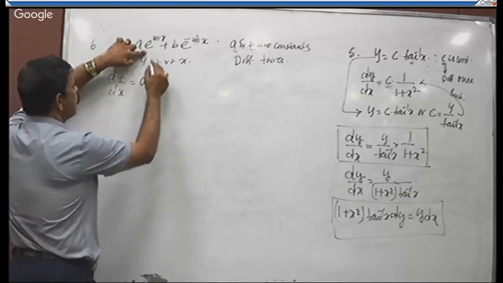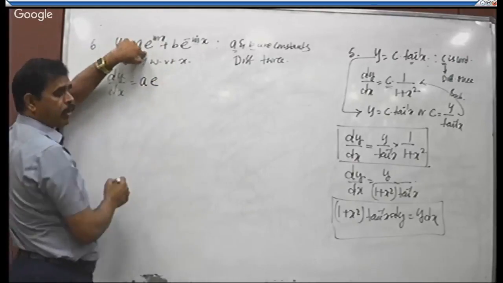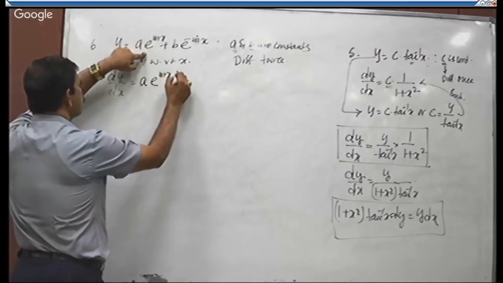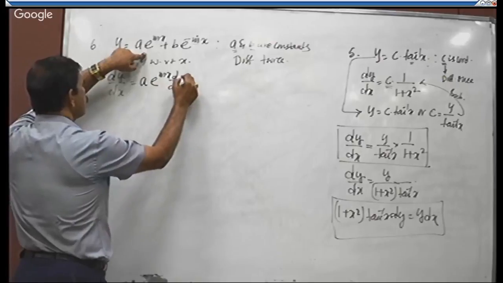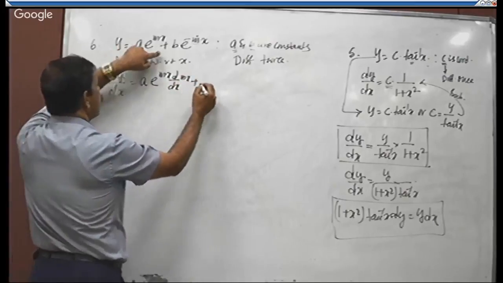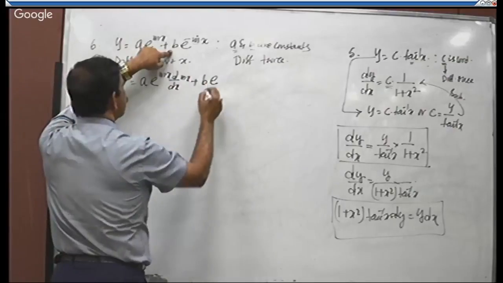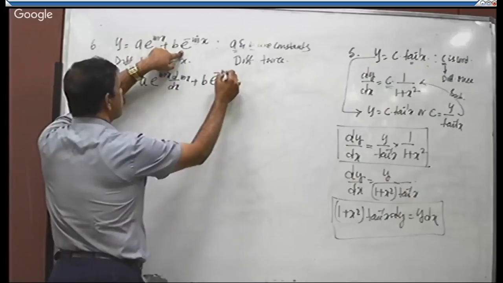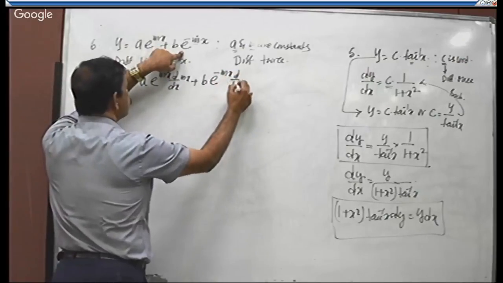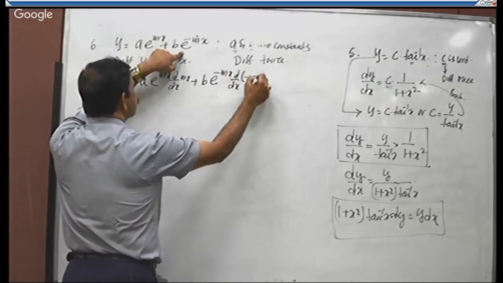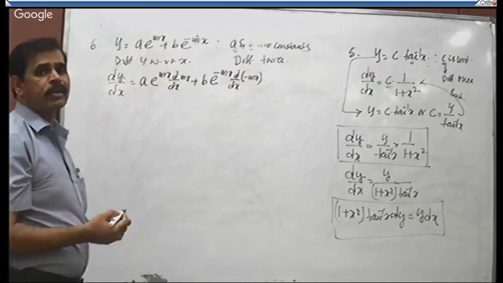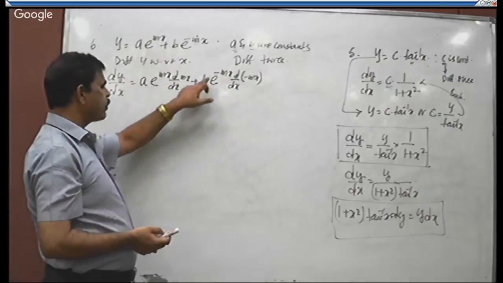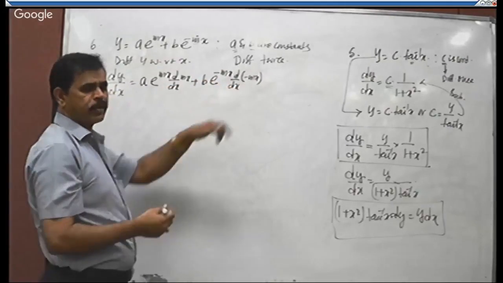Differentiation of e to the power of function: for e power x, it is e power x; for e power function, it is e power function into d by dx of the function. Plus, keep b as it is, and differentiate e to the power of minus mx. It is e to the power of function into d by dx of minus mx.